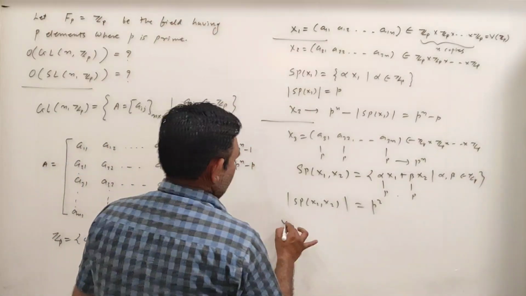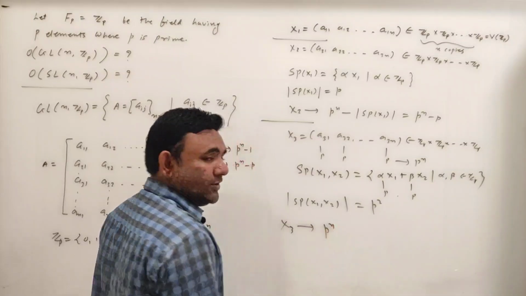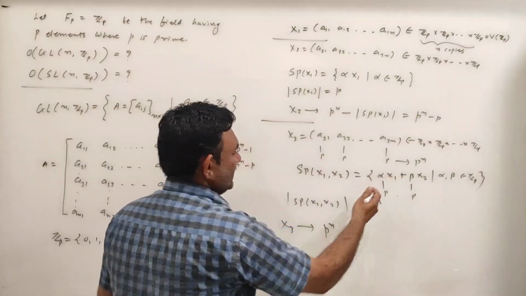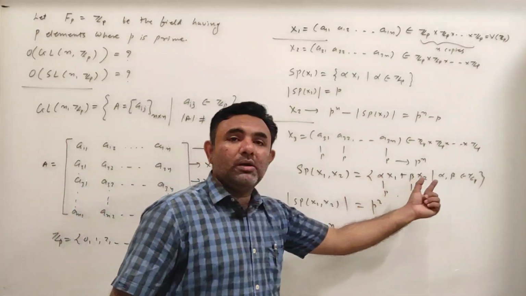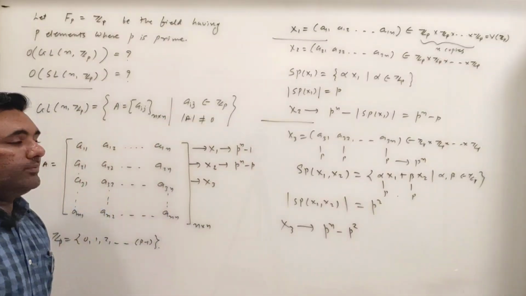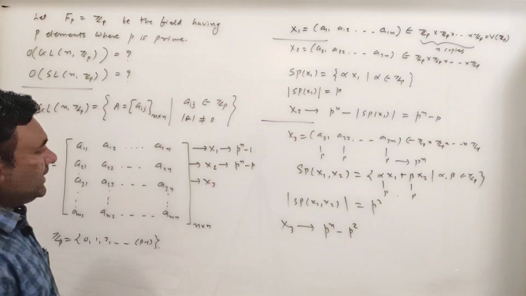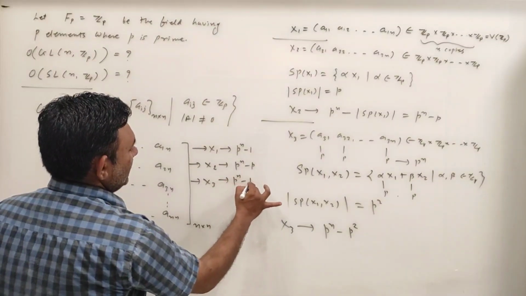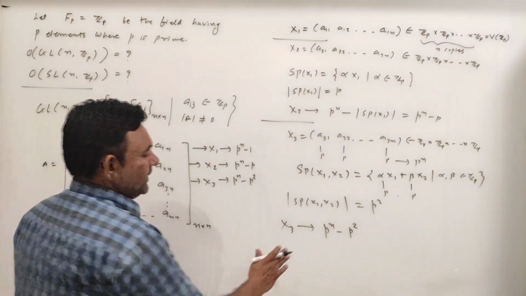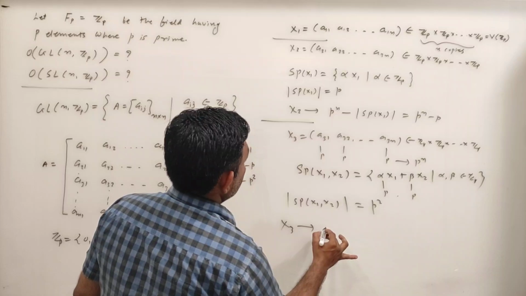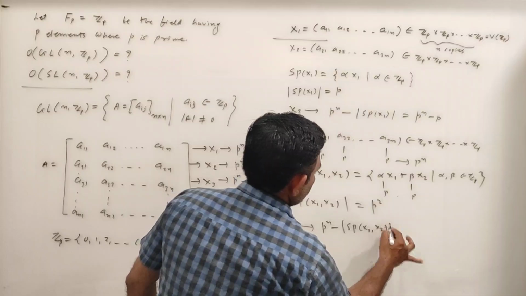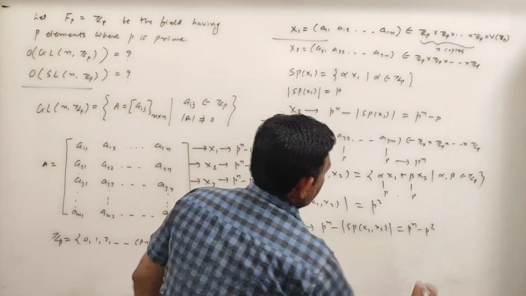So total x3 has p raised to n choices, but out of p raised to n you remove those which are scalar multiples of x1 or x2, and that is p square. So x3 can be chosen in p raised to n minus p square ways, right? So x3 has how many choices? It is p raised to n minus cardinality of span of x1, x2, and that is p raised to n minus p square.